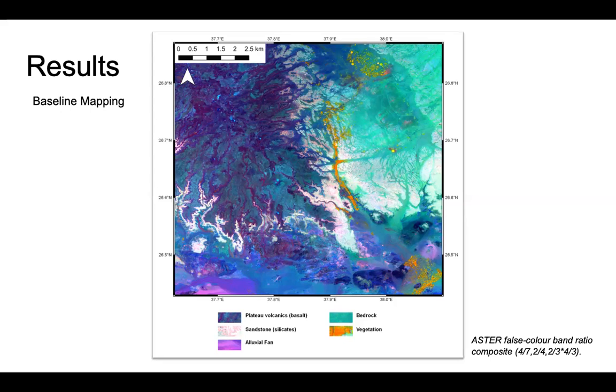This composite is using band ratioing. I've divided the bands within the satellite image between each other to highlight particular features that I'm interested in. So in this image, you've got essentially the bedrock in the bottom and towards the south and the east.